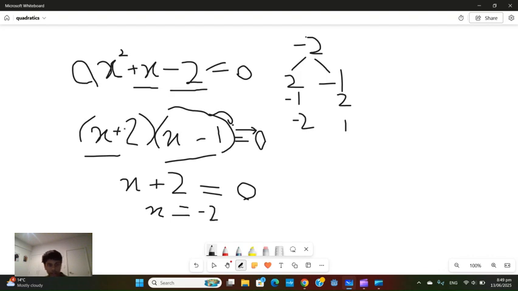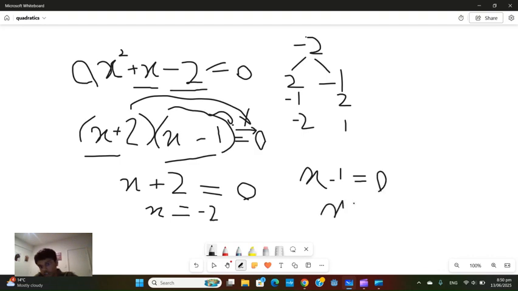You just do it again, reverse it. So now you take this one over here, and now x minus 1 is equal to 0. So x is equal to 1.